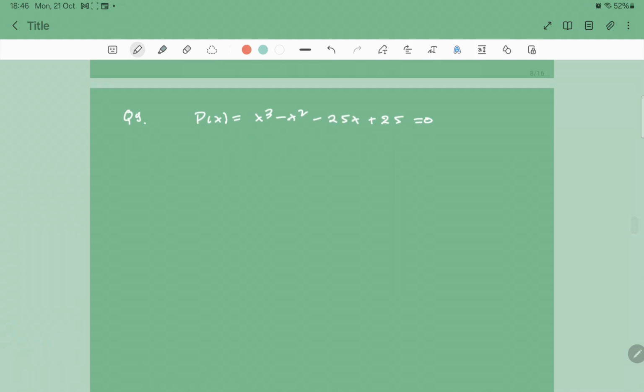Question number 9. The coefficient of x cubed is 1, the coefficient of x squared is minus 1, the coefficient of x is minus 25, and the constant term is 25. The initial guess, my root, is 1.